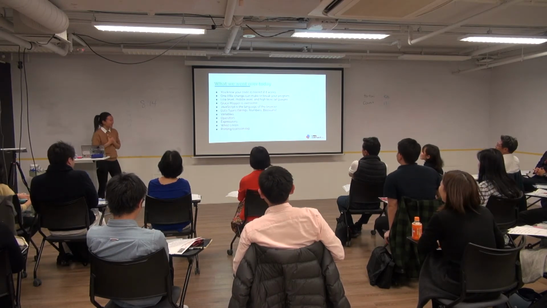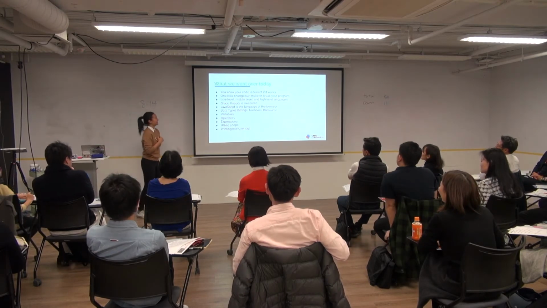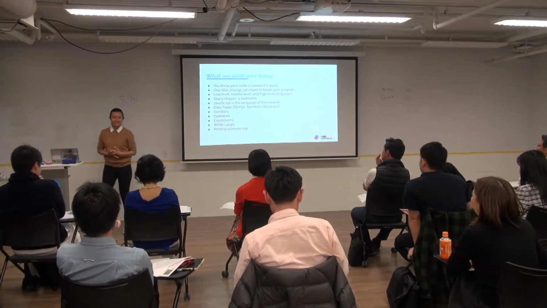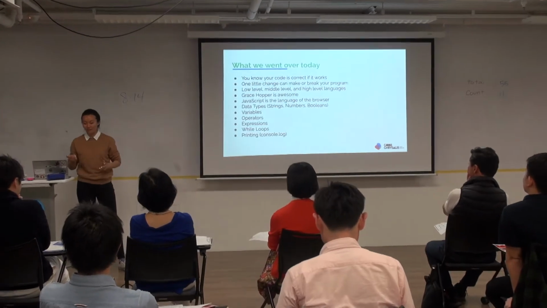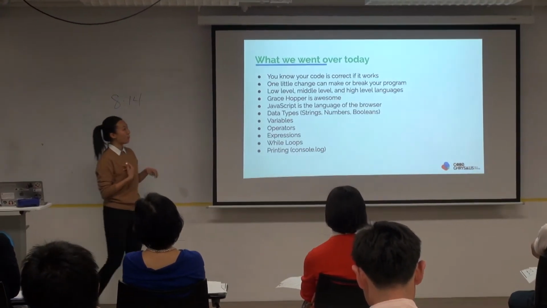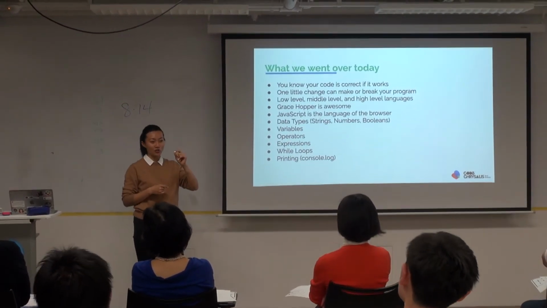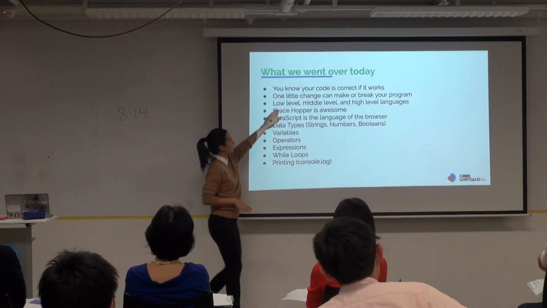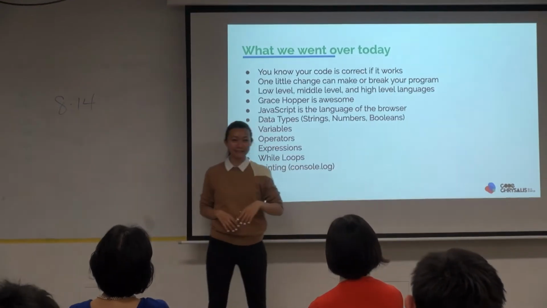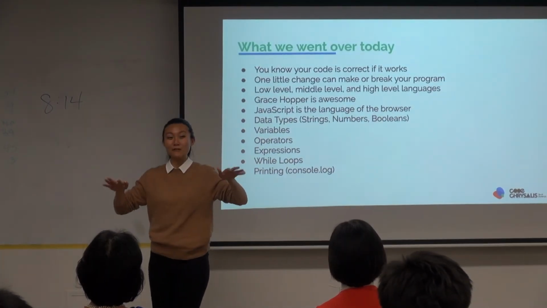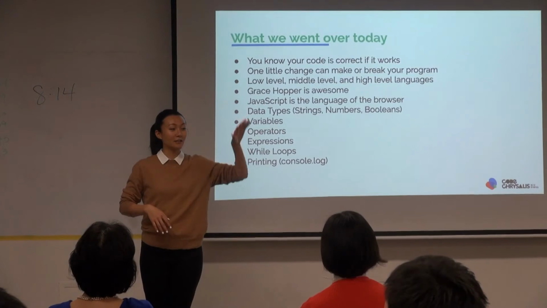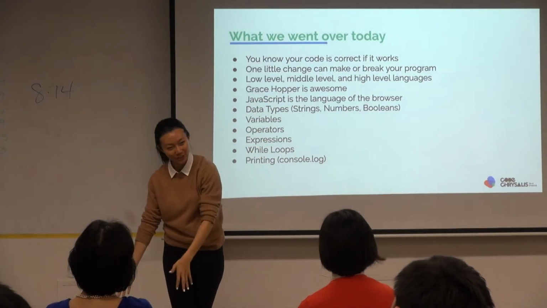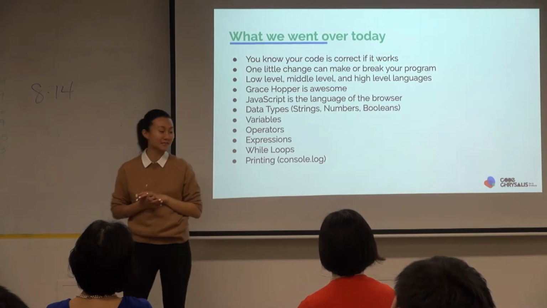So we went over a lot of things today. We talked about how you know if your code is correct, and you know it's correct because it works. We talked about how one small little change can break your code. And we talked about low-level, middle-level, and high-level languages, kind of the difference between the languages we use now and machine code, the zeros and the ones.